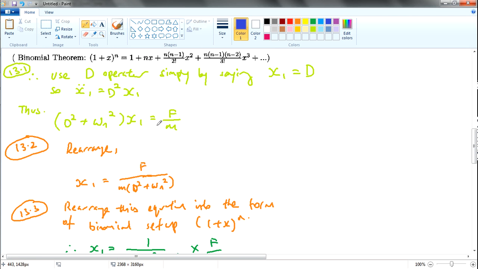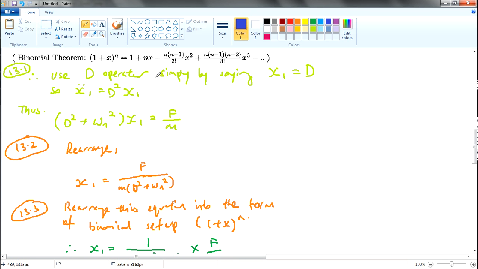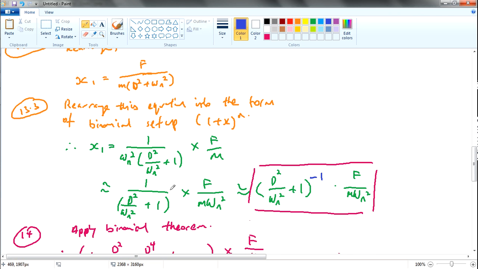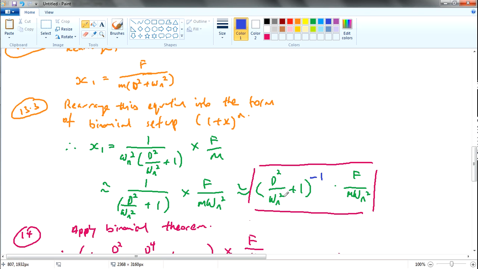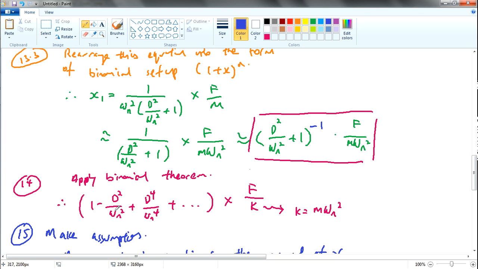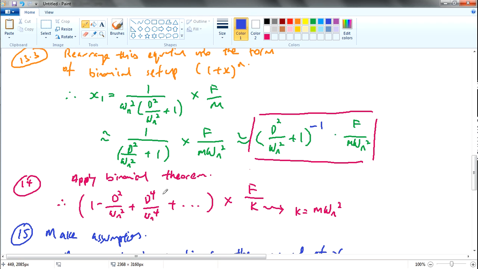After which you can set up the binomial expansion, which is 1 plus nx. Since n is minus 1, it is 1 minus x, where x is D² over omega n squared, so we minus D² over omega n squared, and then plus the following terms. You do it out and you have a series, and then you multiply by the rest.